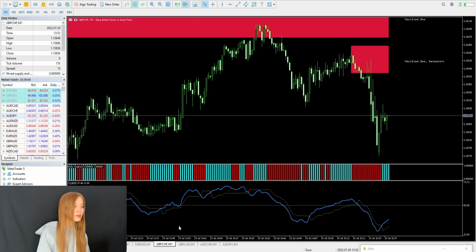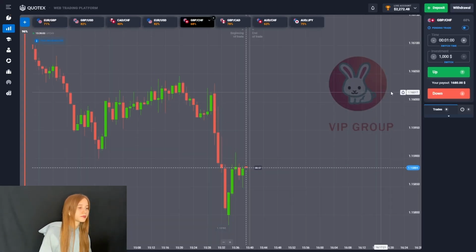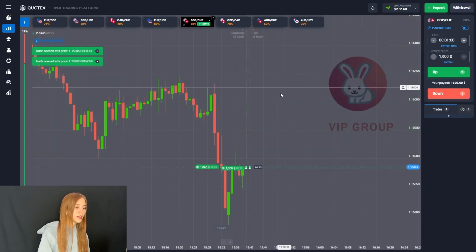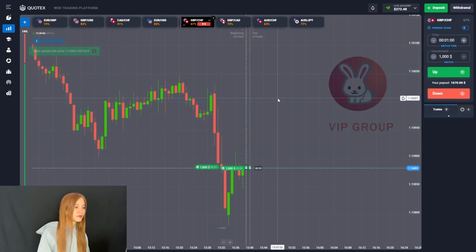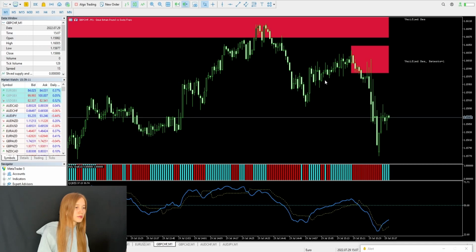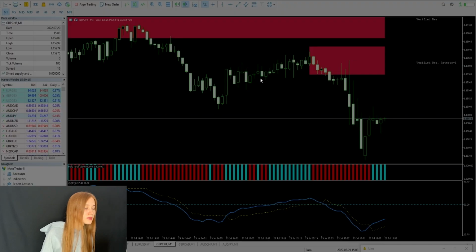So let's move to Quotex. This concept, the opening is for purchase. Move to MetaTrader. Choose a workspace for ourselves.